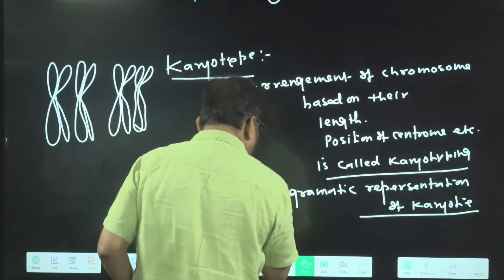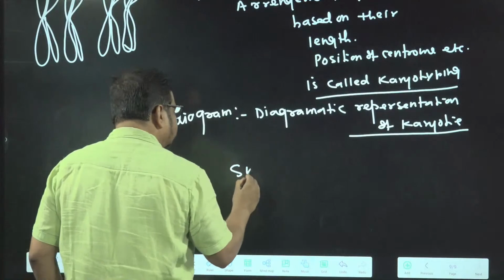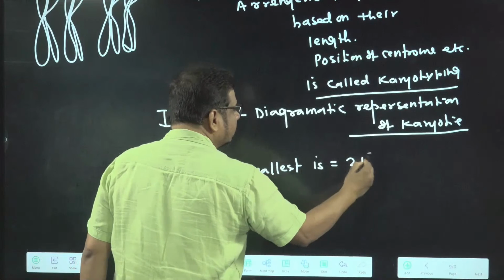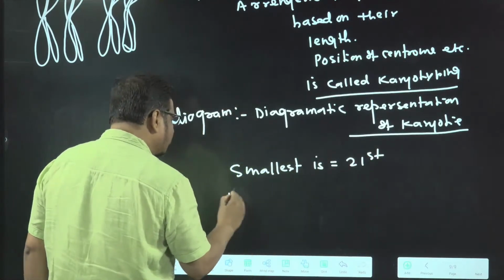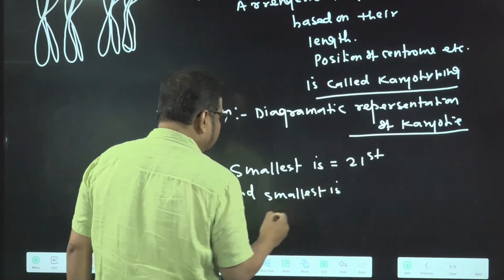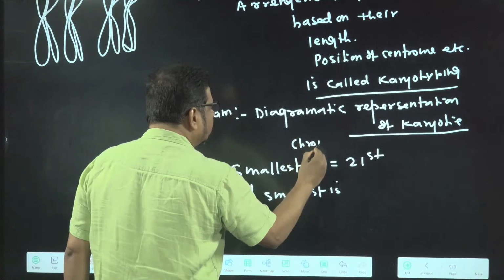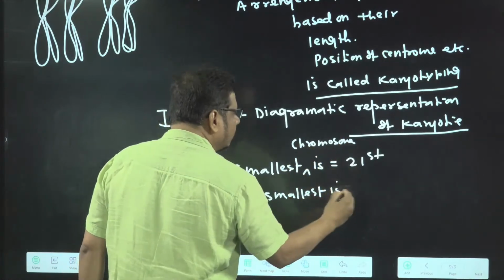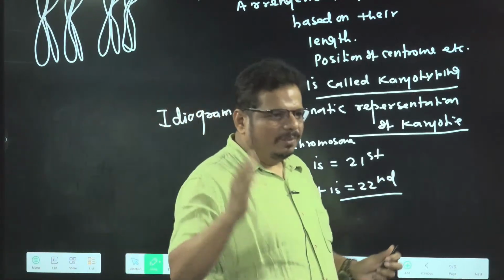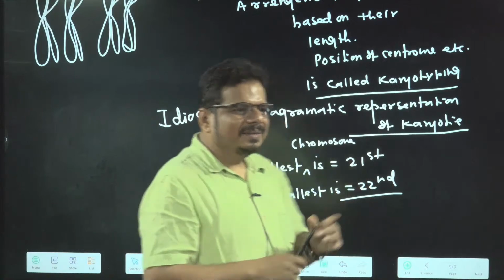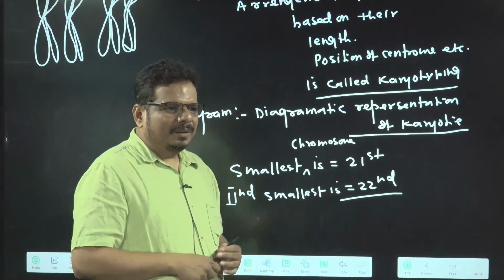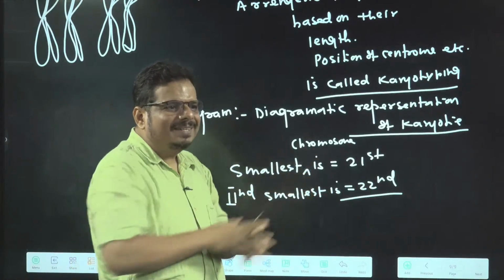The Human Genome Project told that the smallest chromosome in our body is the 21st. The second smallest is the 22nd. But when you look at the karyotype, first we draw 21, then we draw 22. Means the smaller is before, the larger is after.